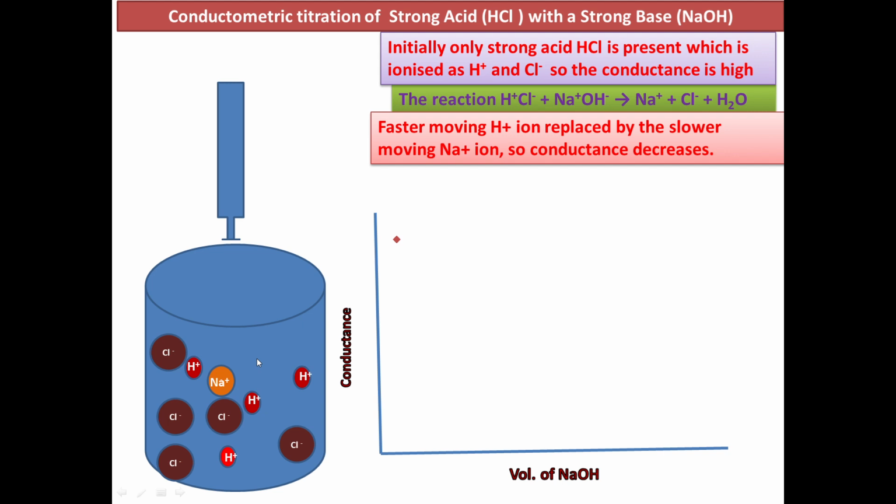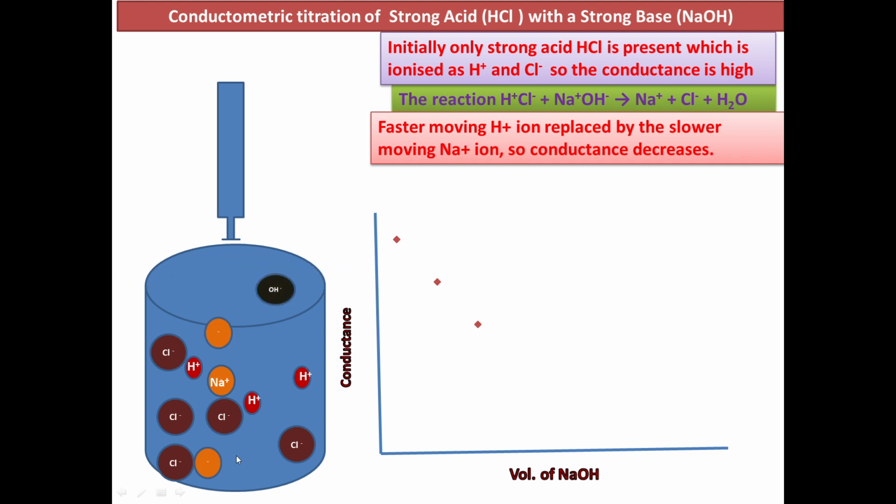The speed of Na plus is lower than that of the H plus ion, and due to the decrease in speed, the conductance also decreases. Again, if you add NaOH into the solution, H and OH react, there is a formation of water molecule and this H plus is replaced by Na plus, which is a slower ion, so the conductivity decreases.